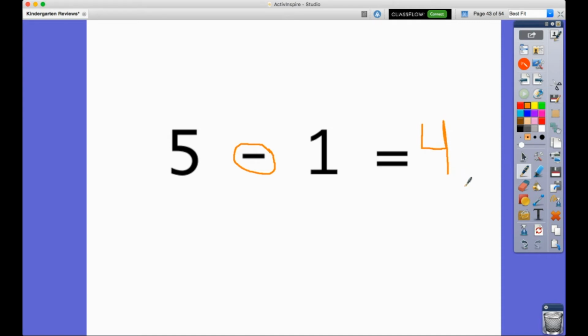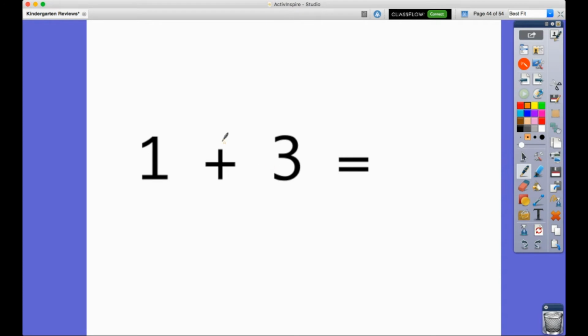And I kind of just knew that because when we did this in class, we talked about finding 1 less. And when we subtract 1, it means we're just taking away 1. And so I kind of knew that if I have 5 and I take away 1, that gives me 4. Some of you may have put your fingers up and taken 1 away. That's fine too.